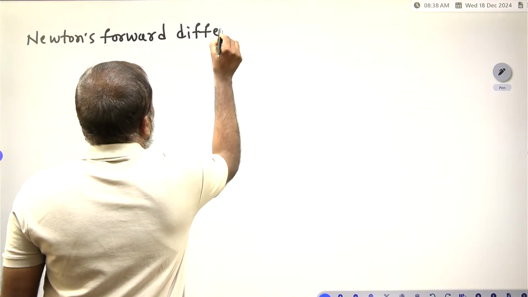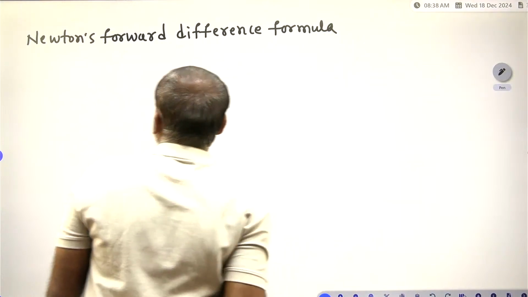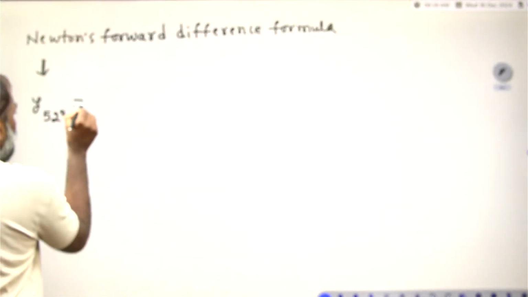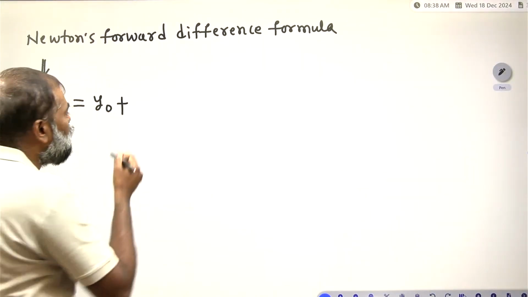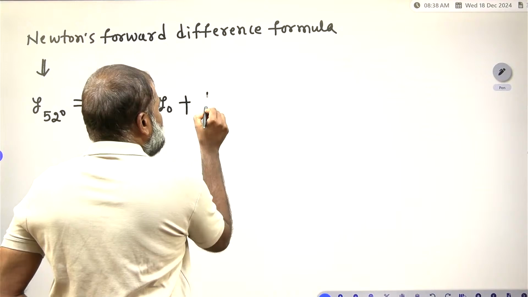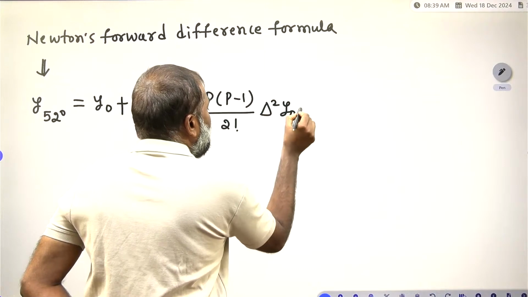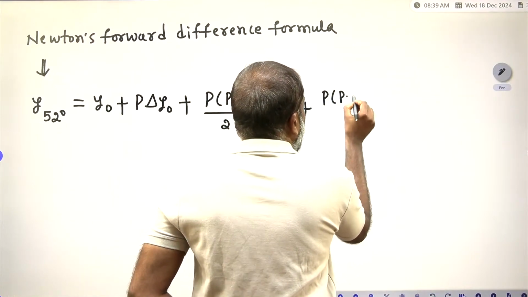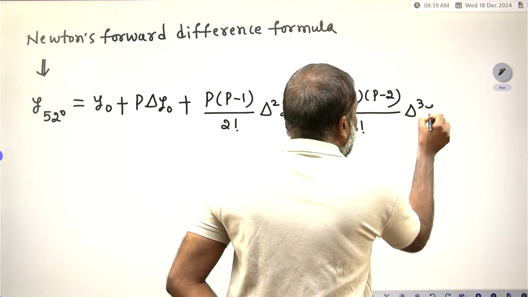What is Newton's forward difference formula? y, that is y at 52 degrees, which is sine 52, is equal to y0 plus p into delta y0 plus p into (p minus 1) divided by 2 factorial into delta square y0 plus p into (p minus 1) into (p minus 2) divided by 3 factorial into delta cube y0, and so on.